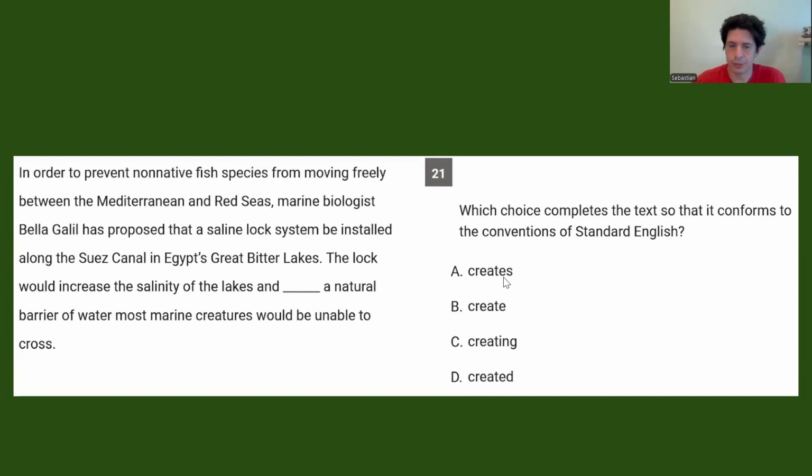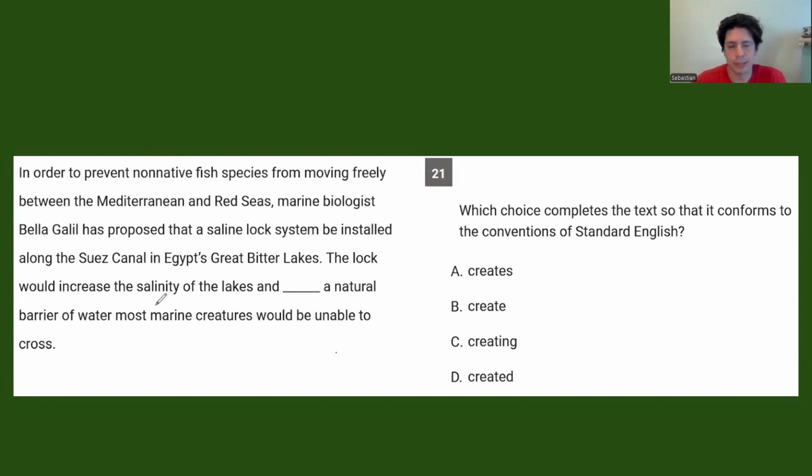Let's look at the answer choices. Creates, create, creating, created. So again, it's about verb tense. And let's see. In order to prevent non-native fish species from moving freely between the Mediterranean and Red Seas, marine biologist Bella Galil has proposed that a saline lock system be installed along the Suez Canal in Egypt's Great Bitter Lakes.